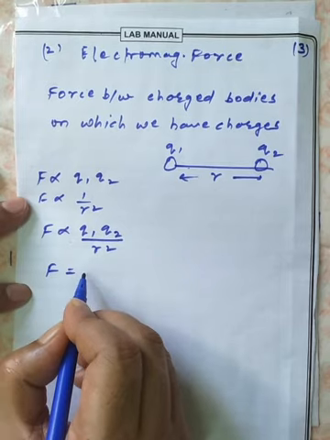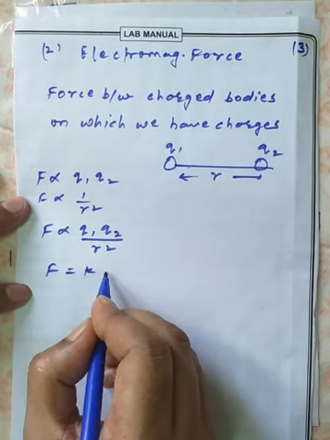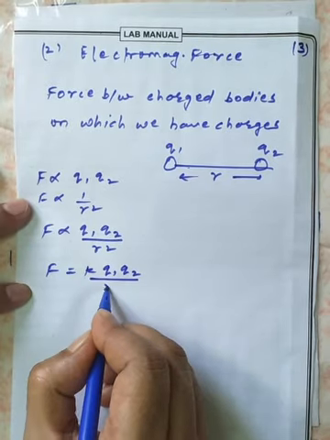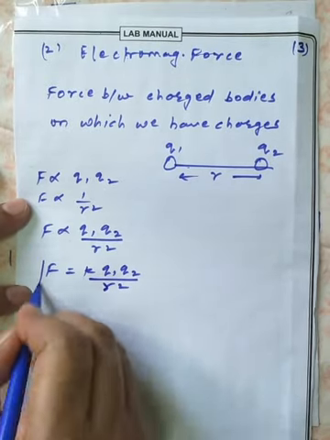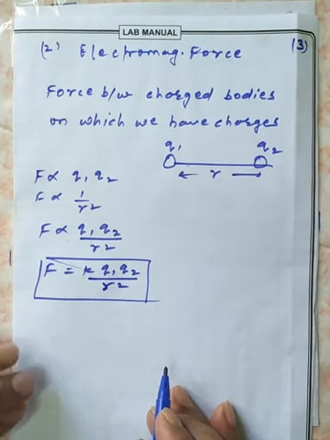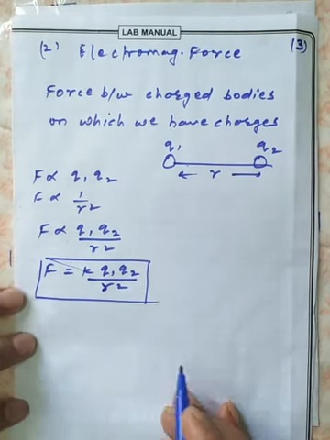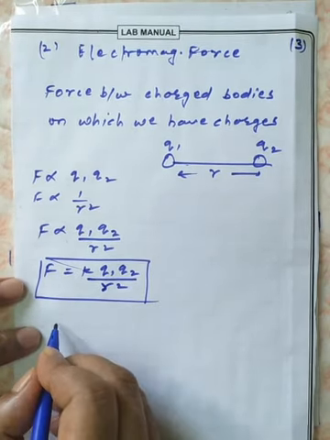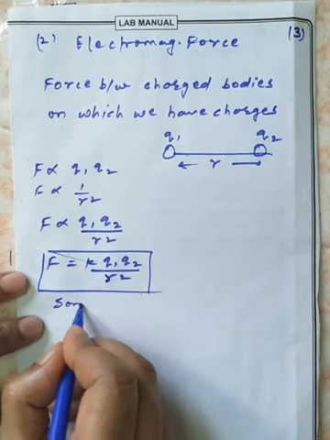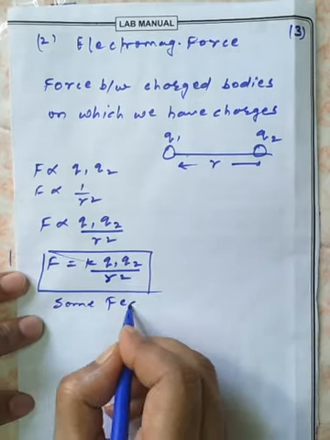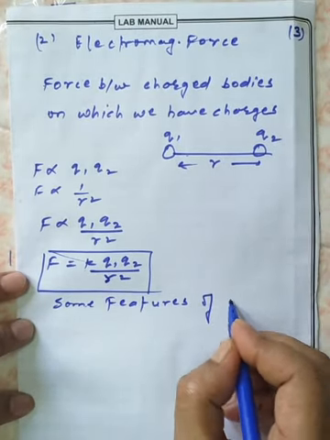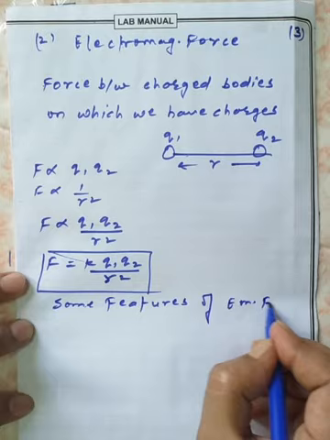Removing the proportionality sign by using the constant called the Coulomb constant, F is equal to k q1 q2 upon r square. This is the general formula of the electromagnetic force between bodies that have charges. Now this force also has some characteristics, some features of the electromagnetic force.